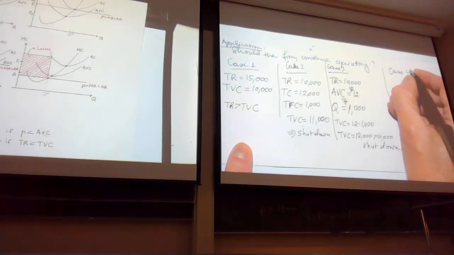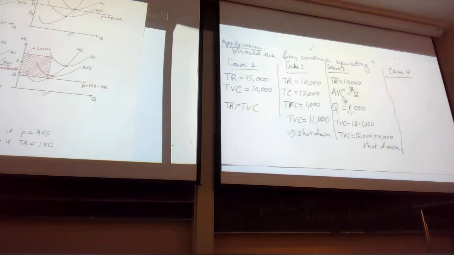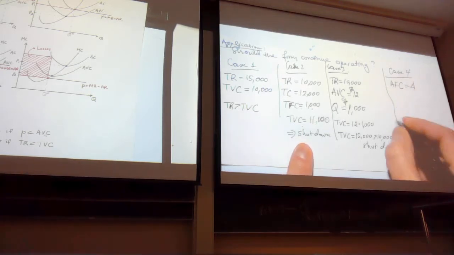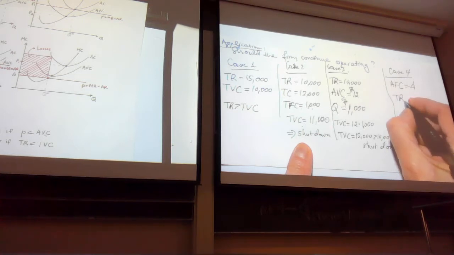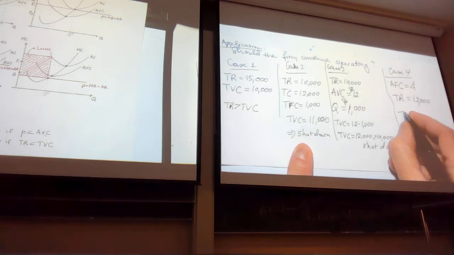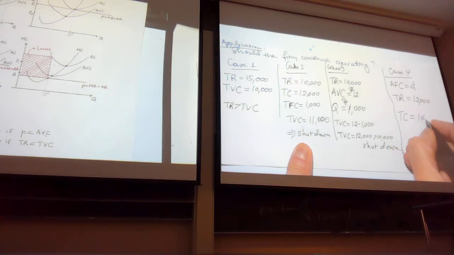Case 4. Average fixed cost is 4. Total revenue is 12,000. Total cost equals 14,000. Now what?